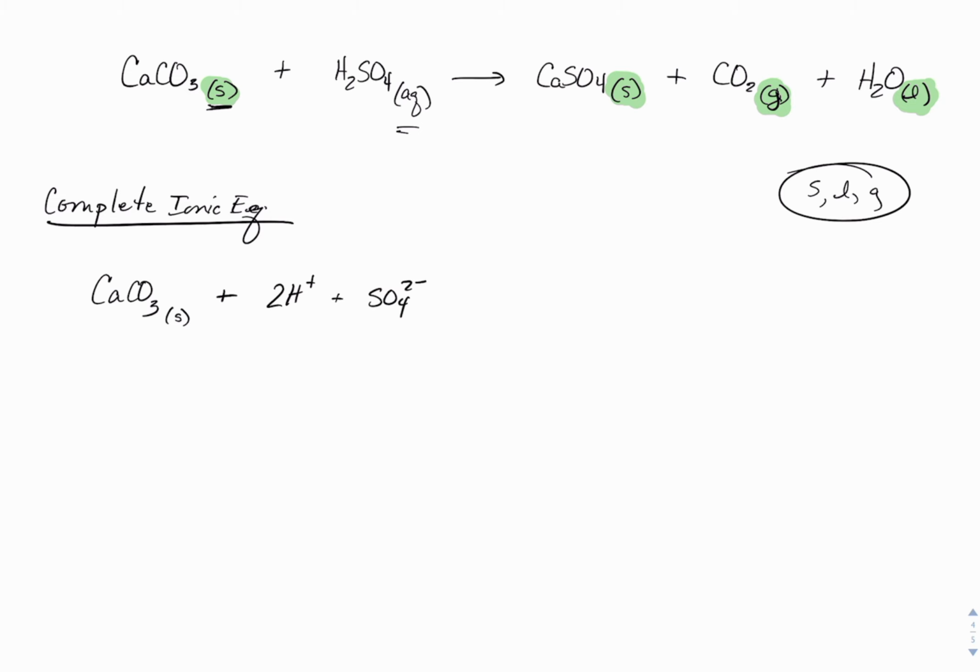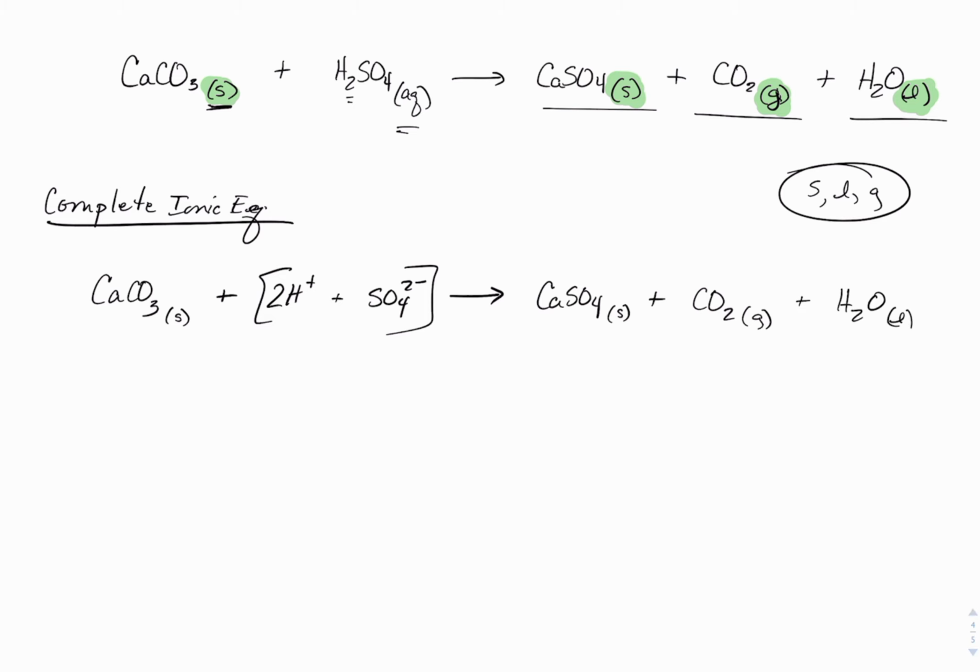It turns out we have 2 H pluses because of the subscript here, and we'll bracket. Yield sign, we write as is, calcium sulfate, which is solid. Write as is, carbon dioxide, which is a gas. And we'll write as is H2O because it's a liquid.